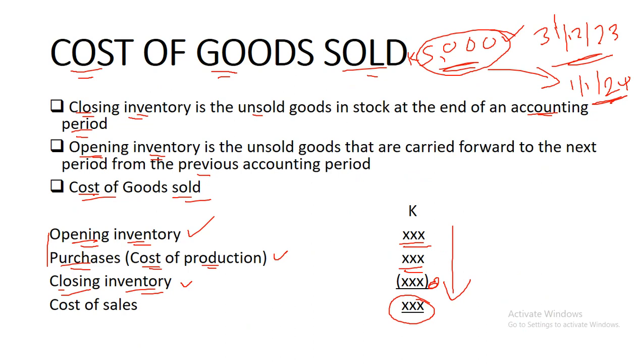So we've got the opening inventory plus the purchases, plus the carriage inwards, minus the purchases returns, and then minus the closing inventory. Then you're going to have the cost of sales.